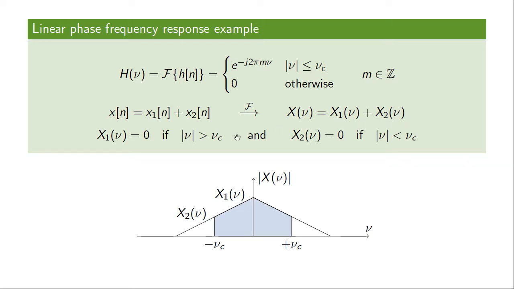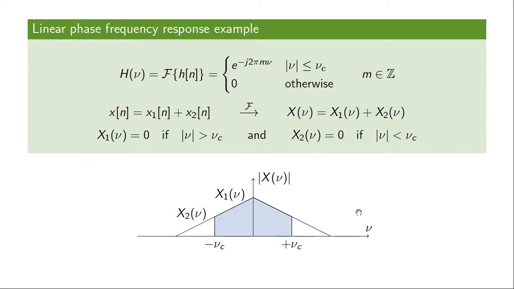And we assume that X1, the Fourier transform for the first component, is such that it doesn't have any energy in frequencies outside of this cutoff frequency of the filter. Likewise, we'll assume that the second component, x2, has a Fourier transform which is 0 within this range between minus νc and νc. So it only has energy outside of the range identified by the cutoff frequency.